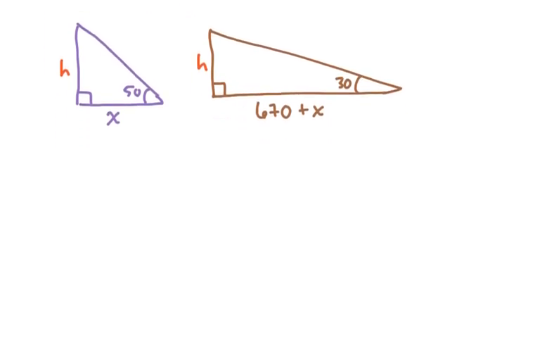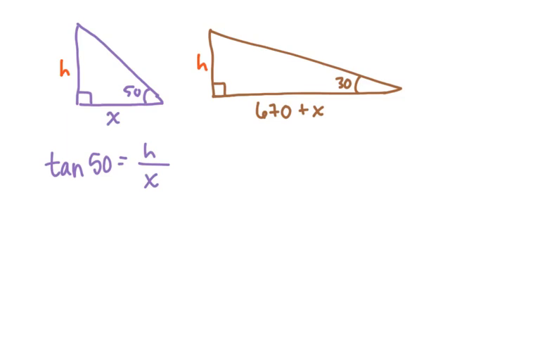So I'm going to look at solving each of these right triangles or setting it up for X and H. So with angle 50, I have an opposite and adjacent side. And by SOHCAHTOA, that lets me know I'm going to write tangent of 50 is opposite H over X. Similarly, my 30-degree triangle, I know an opposite and an adjacent side.